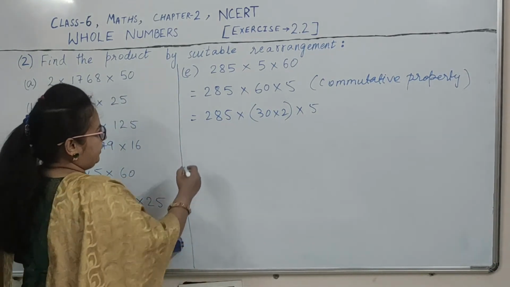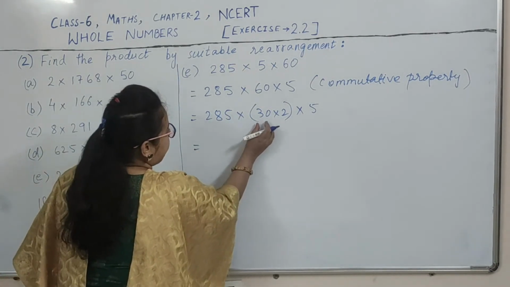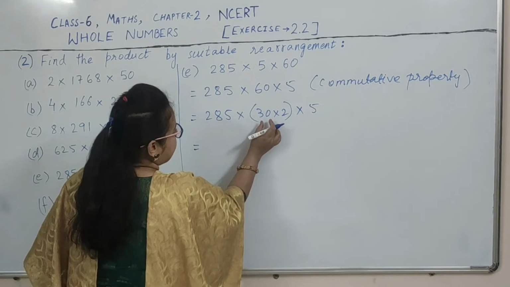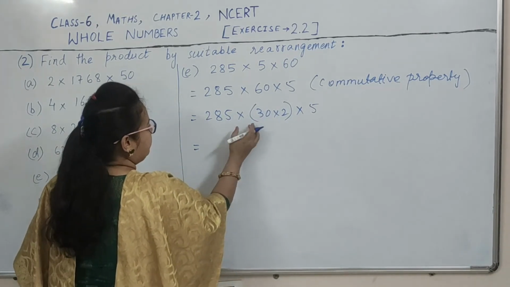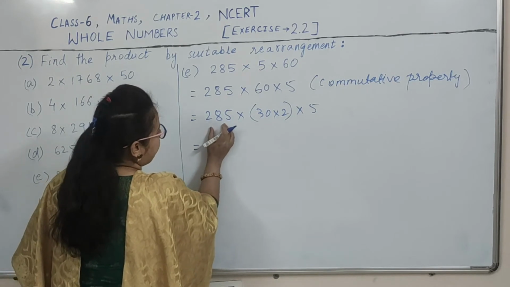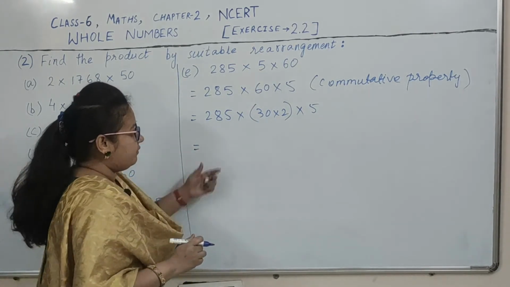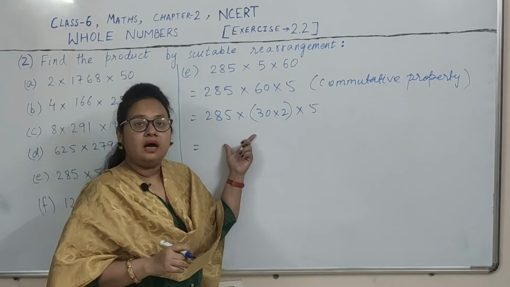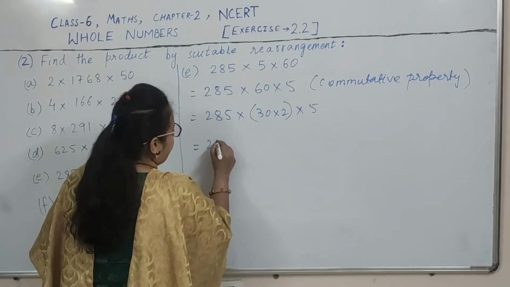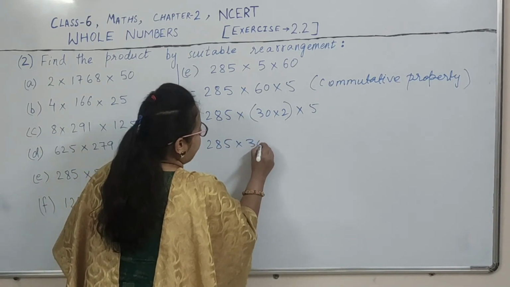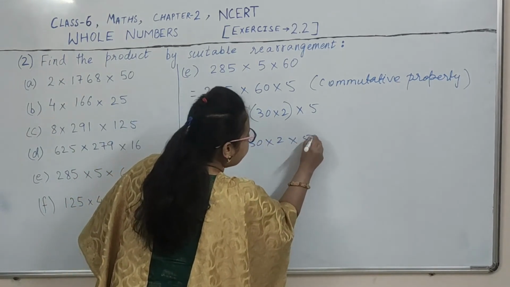Okay, now what we will do, we will take these. See, now it has become much smaller. 30 into 2, 30 and 2, smaller numbers. So what we will do now, we will multiply this with this. So here we are going to make use of the associative property. So what we got? We got 285 into 30 into 2 into 5.